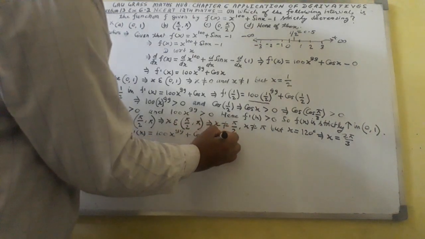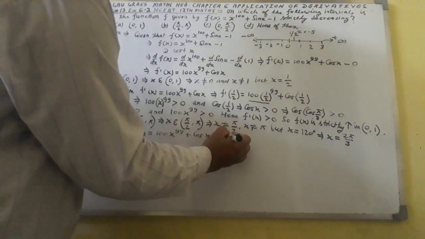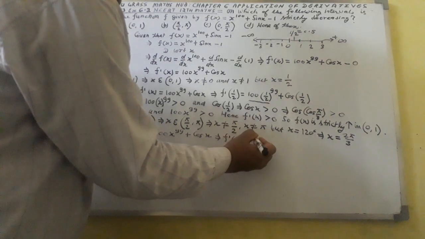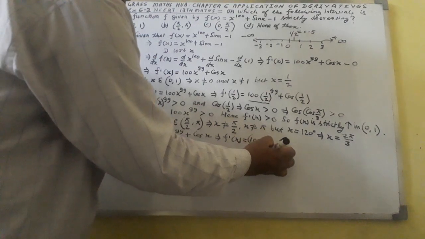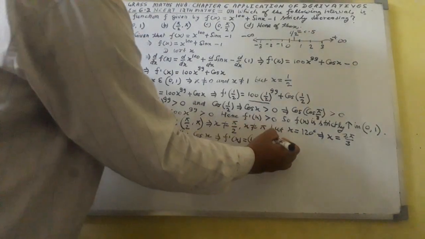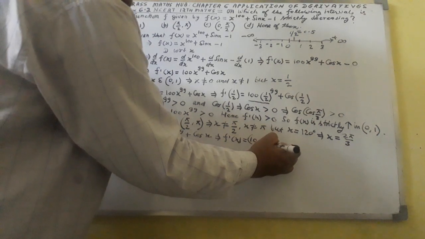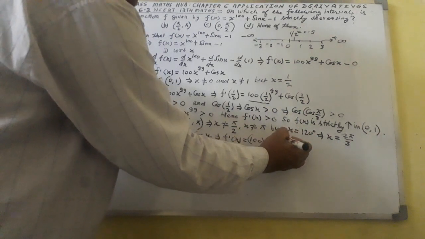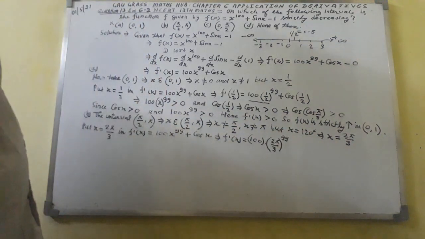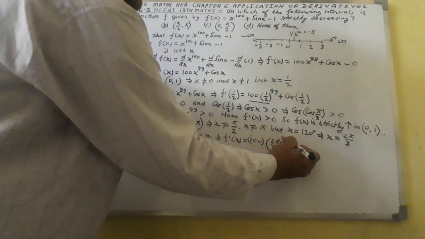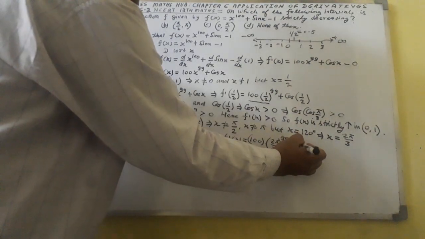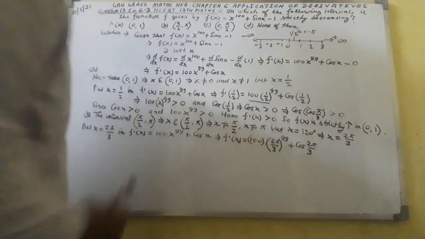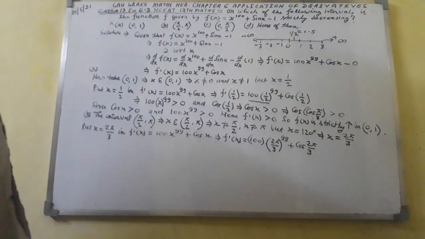So here I shall write, implies that f dash of x equal to 100, I shall write in bracket, value of x, I shall write 2 pi over 3, raised to the power 99, plus cos 2 pi by 3.